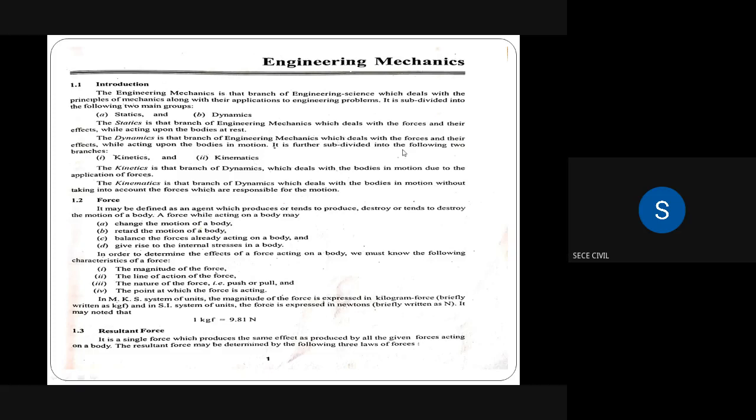Dynamics is further subdivided into the following branches: kinetics and kinematics. Kinetics is a branch of dynamics that deals with bodies in motion due to the application of forces. So one object is in motion, and you are applying an extra force on that object.